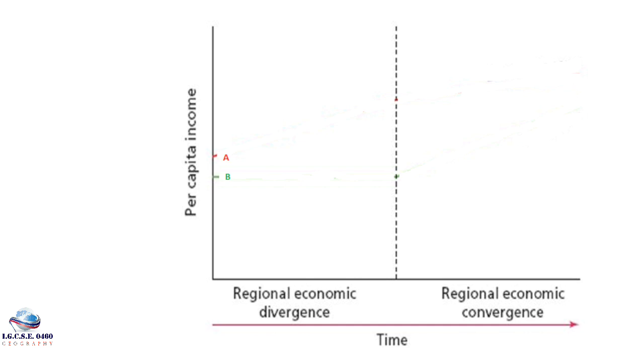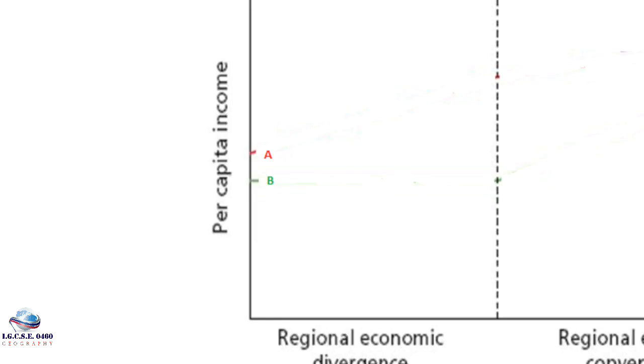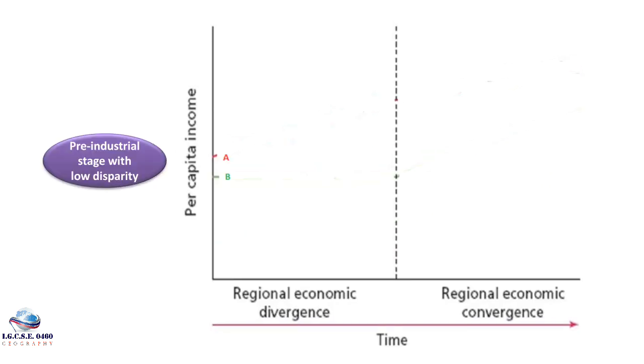It also shows two areas, A and B, which are almost at the same level of development in terms of per capita income during the pre-industrial period. So place A could be having some advantages such as mineral resources, and maybe it could be strategically located.